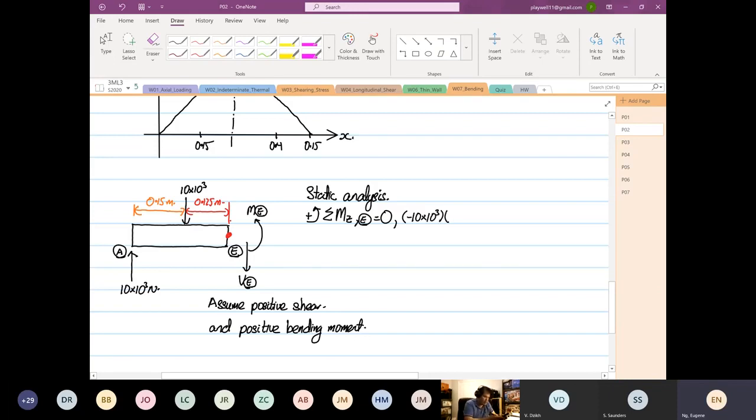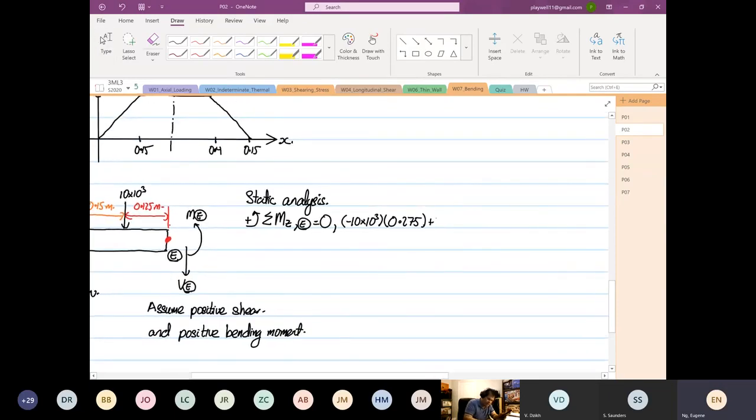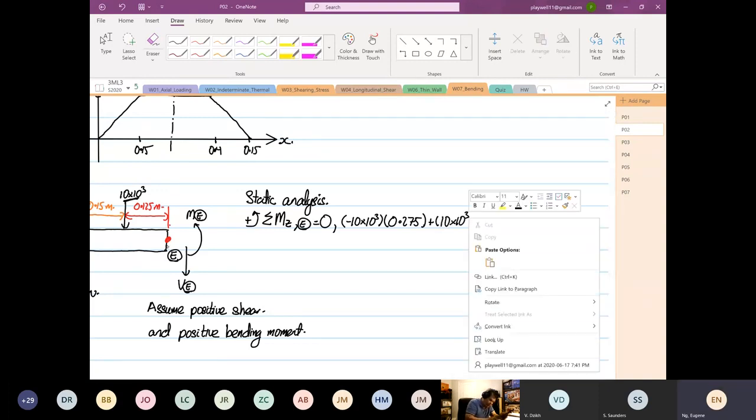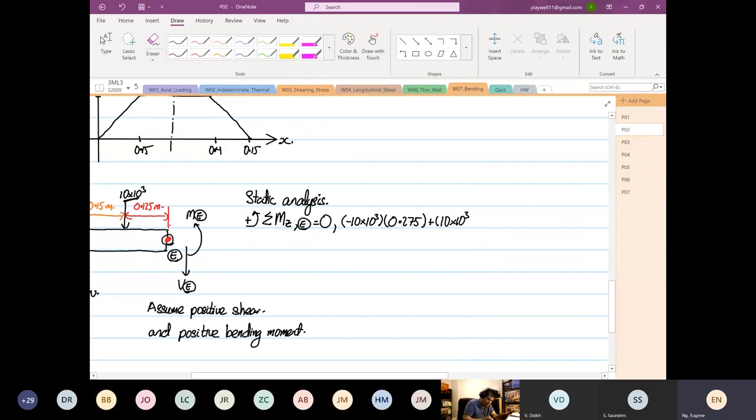Multiply by 0.15 plus 0.125, 0.275. And then plus 10 times 10 to the power of 3. Why plus? Because the one that we are doing now is going anti-clockwise from this point over here. Multiply by 0.125, and then plus the moment at point E. The whole thing will be equal to 0.